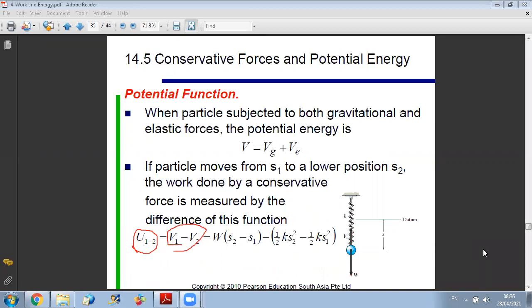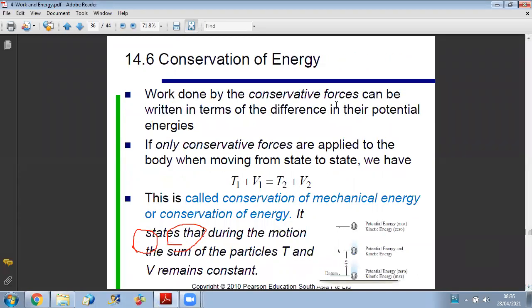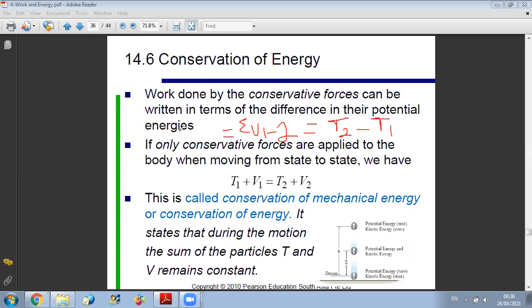And if we replace now in the principle of work and energy, you know that the sum of work between state 1 and 2 is equal to the difference in kinetic energy, so it's T2 minus T1. Now, if I replace the sum of work by V1 minus V2, then I can deduce that if I take T1 to this side and V2 to the other side, I have that T1 plus V1 is equal to T2 plus V2.